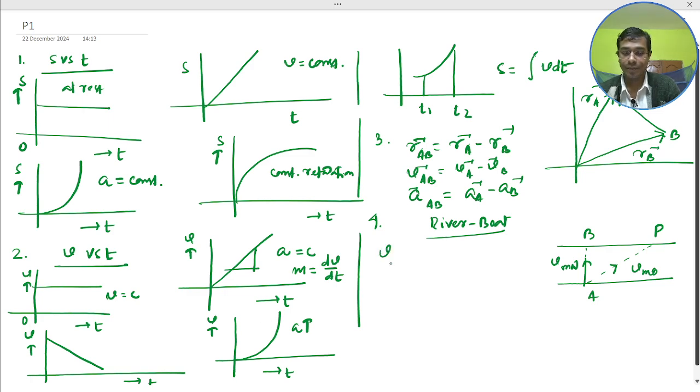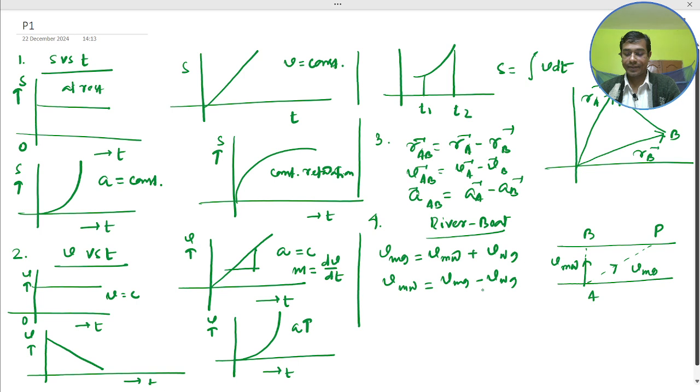Basically VMG is equal to VMW plus VWG, or VMW is equal to VMG minus VWG. Displacement along the flow direction is the drift dx.